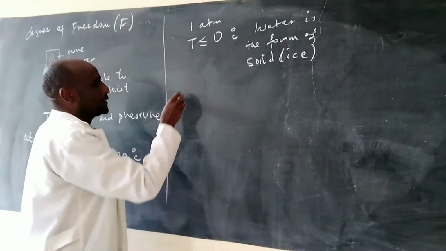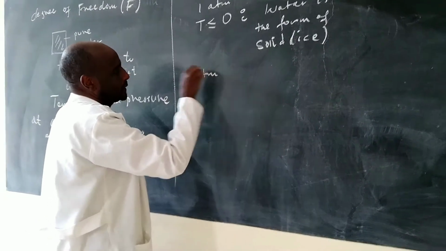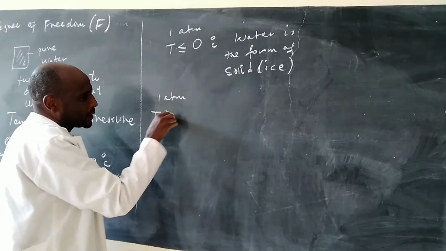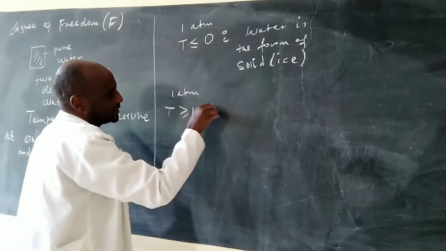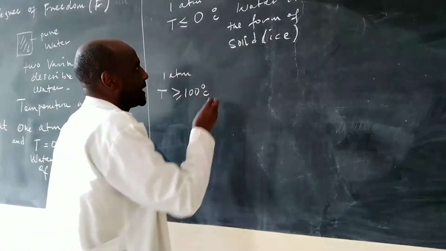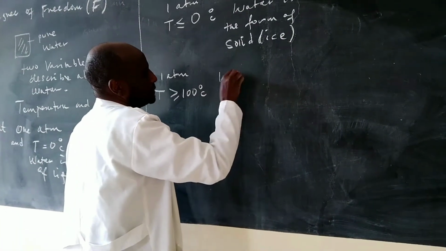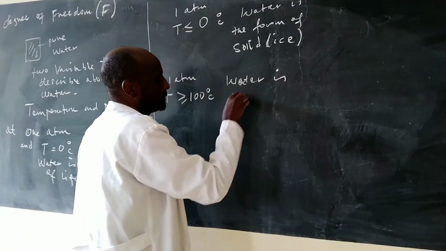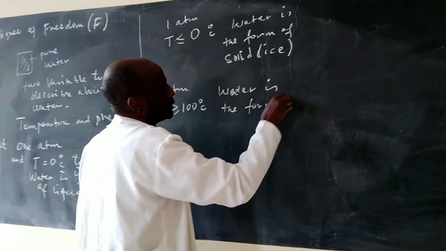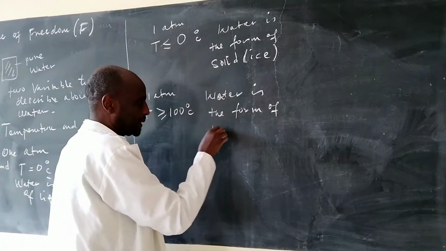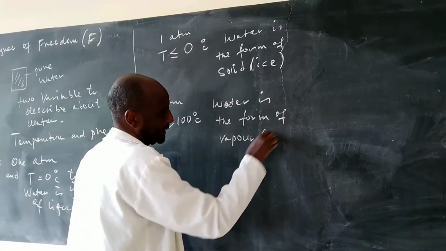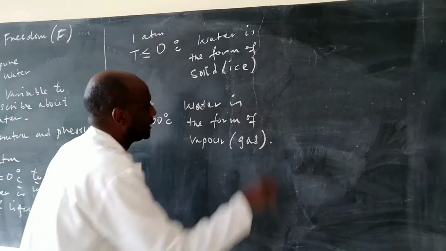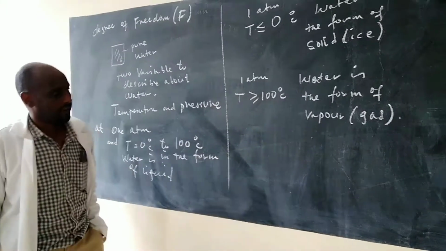If the temperature at 1 atm is greater than or equal to 100 degrees Celsius, the water exists in the form of vapor or gas. Now this is the degree of freedom.